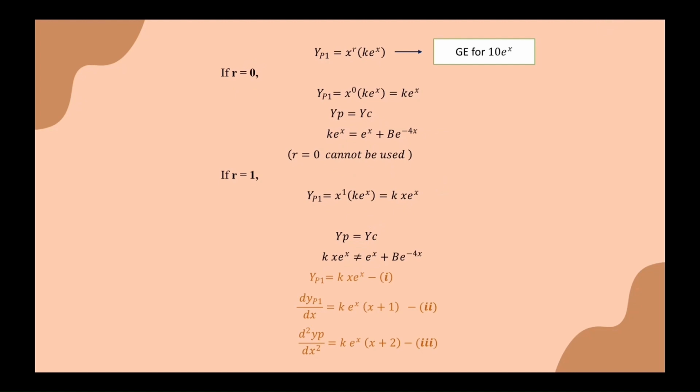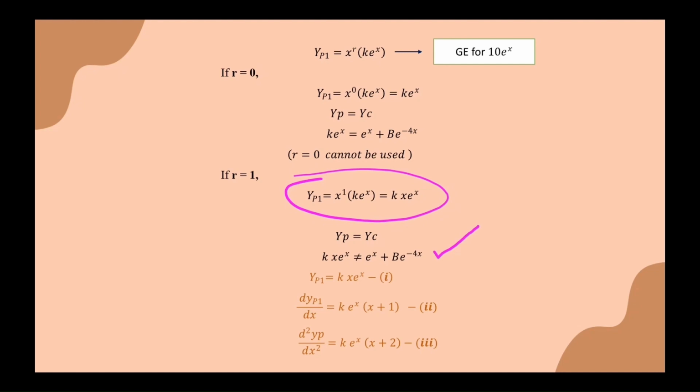So now we have reached the point where we determined that yp is not equal to yc, and we can continue finding the first derivative and the second derivative for the equation of yp.